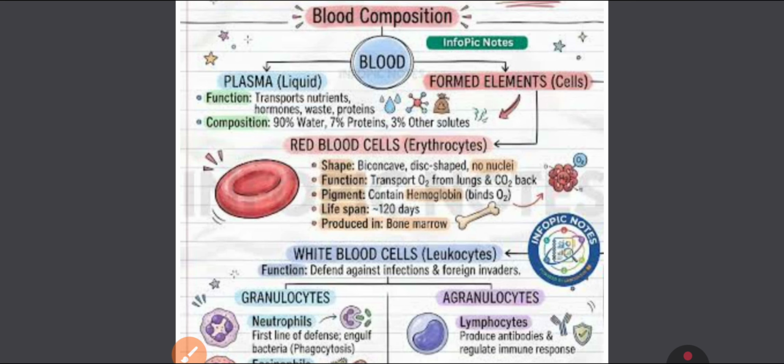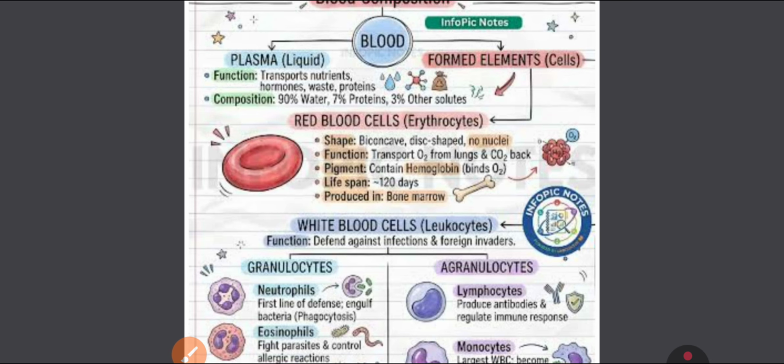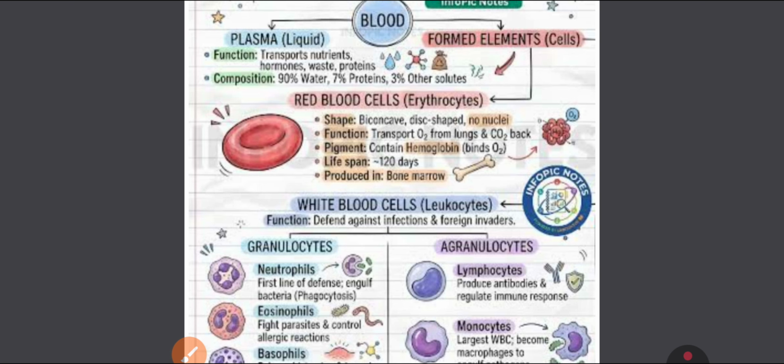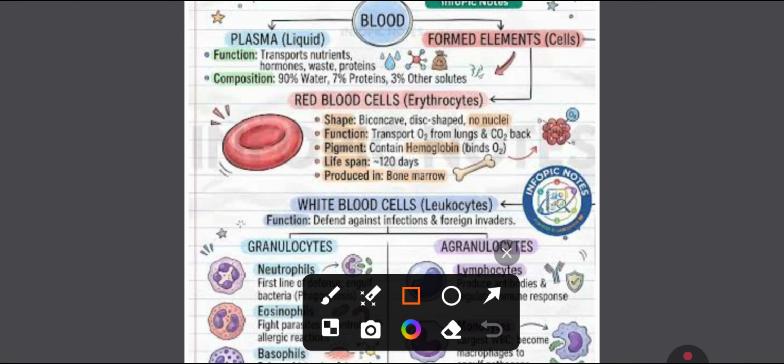Now, red blood cells are elements found in blood. These have a biconcave, disc shape. You can see over here in the diagram, the red blood cell is shown. The shape is biconcave.